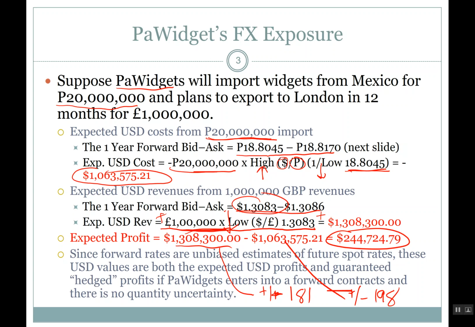So that's what we're talking about, just isolating, say, the pound risk, the revenue. There's a 5% chance that could be 181 less than that. And there's a 5% chance that the cost will be 198 more. I think that helps out a little bit.